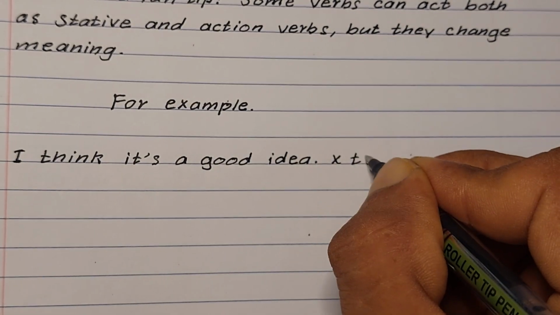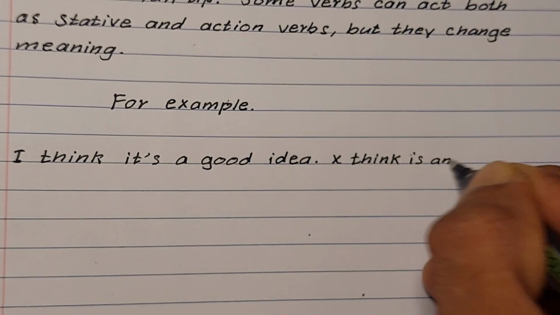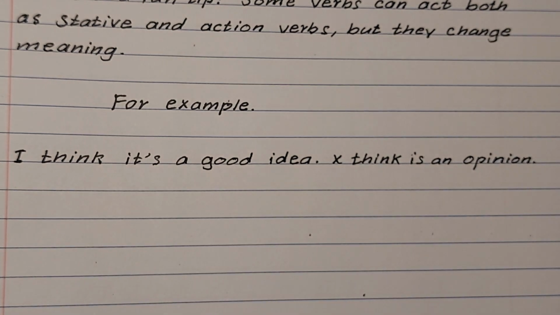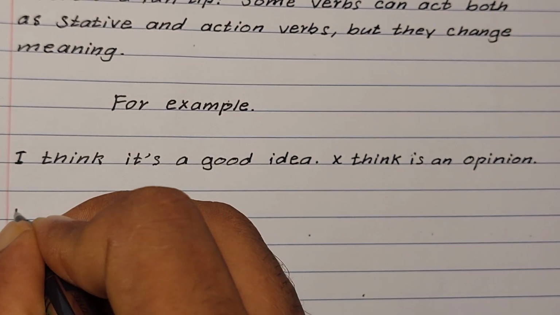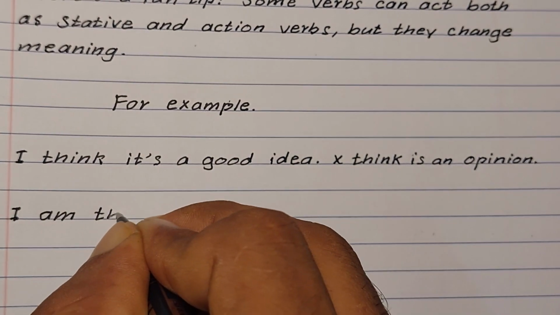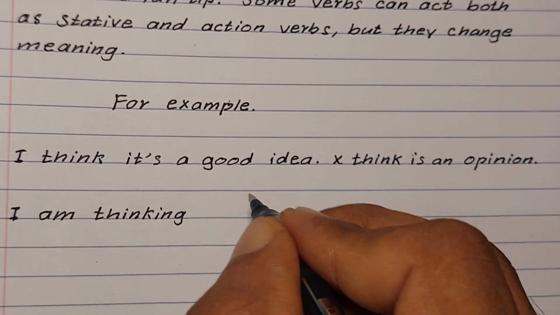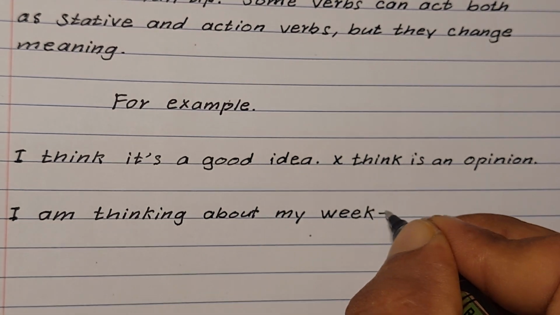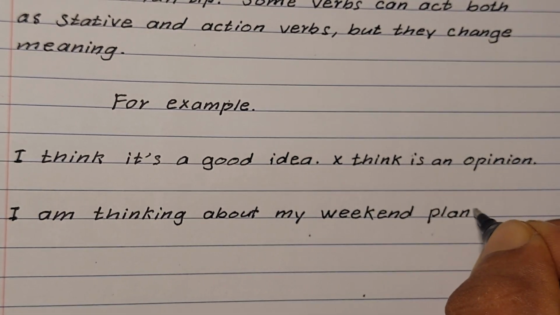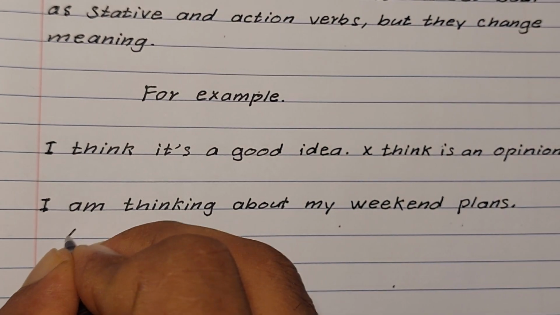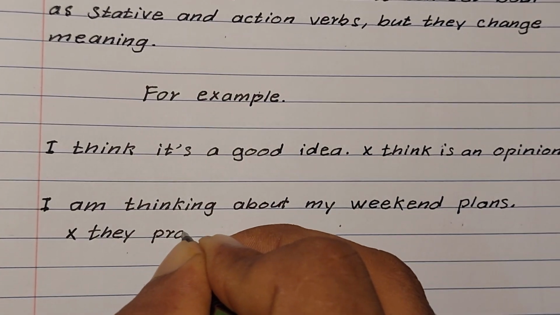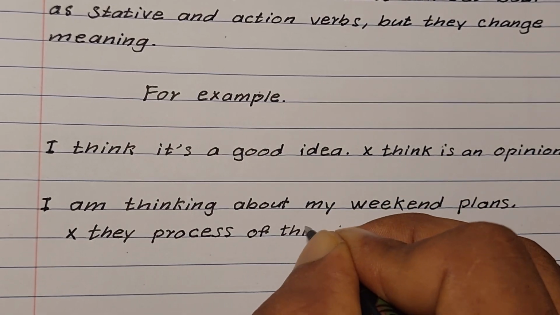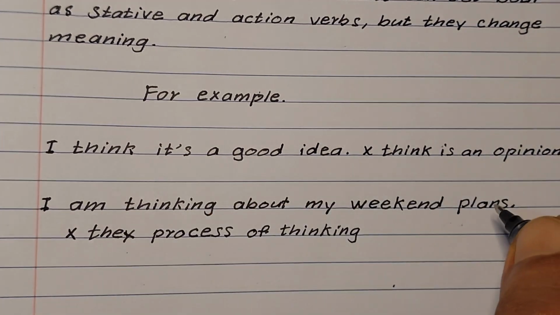Here you see that think is an opinion. Let's look at the next sentence. I am thinking about my weekend plans. Here you see that thinking is the process of action.